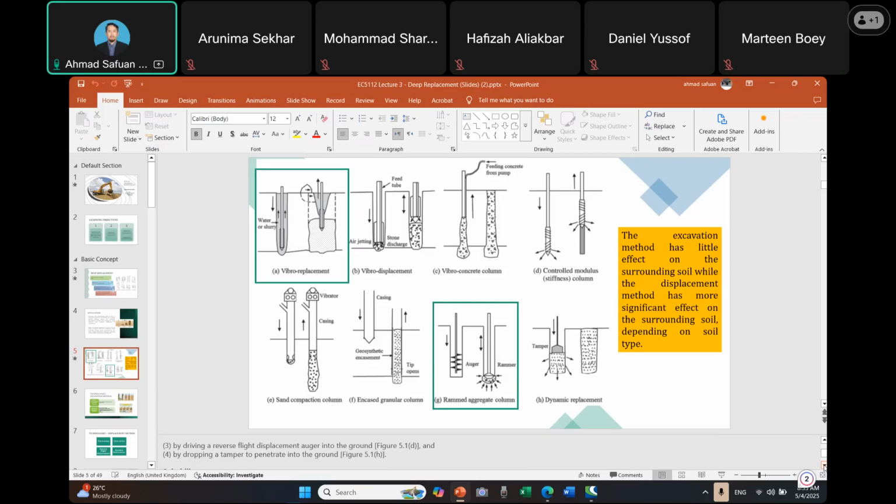Another method for displacement is by driving a reverse flight displacement auger into the ground, for example 5.1D, and by dropping a tamper to penetrate into the ground.